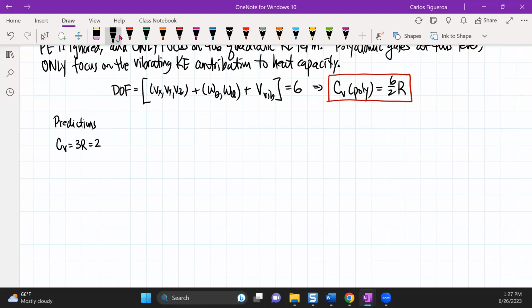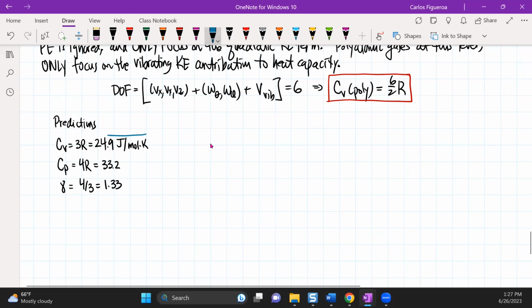That numerical value is 24.9 joules per mole Kelvin. CP is equal to 4R, which is then 33.2, and then gamma is equal to 4/3, which is 1.33. So these are the predictions. Now let's go look at the experimental values.